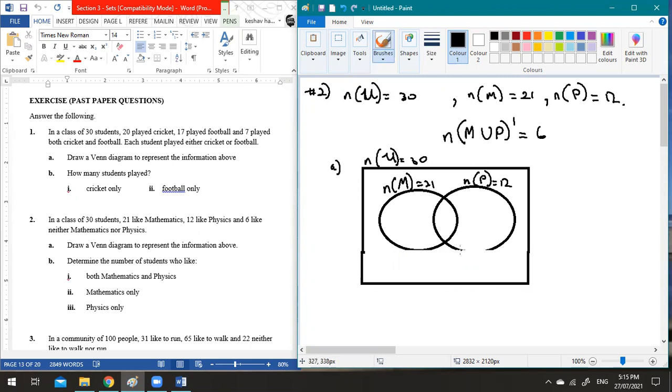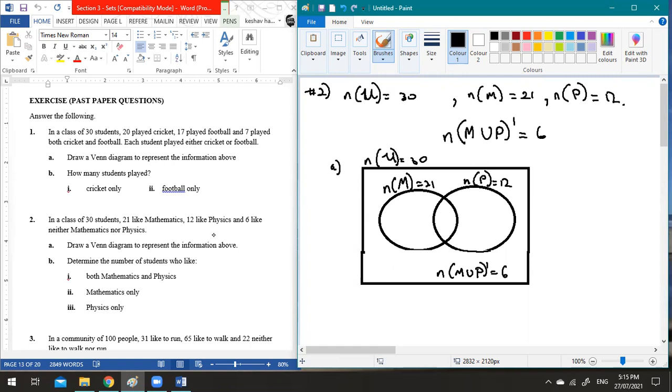Okay, fixed, right? So the number of people on the outside who don't like physics or maths is 12. Oh, I'm sorry, 6. Right? So this is basically the Venn diagram.